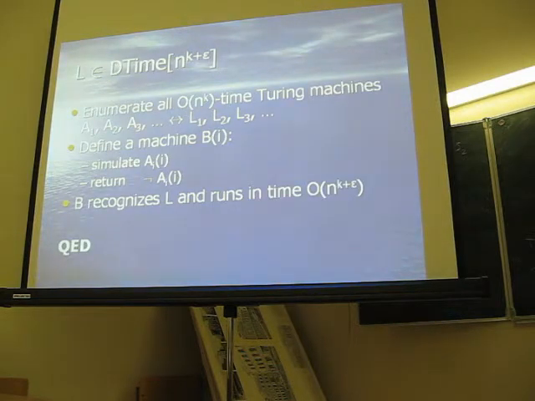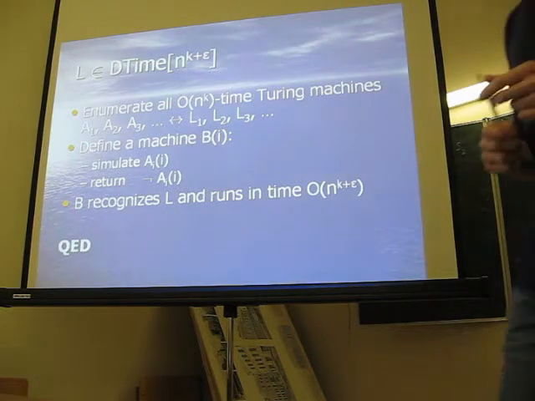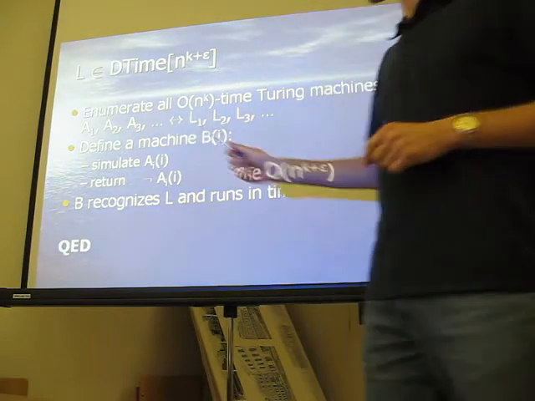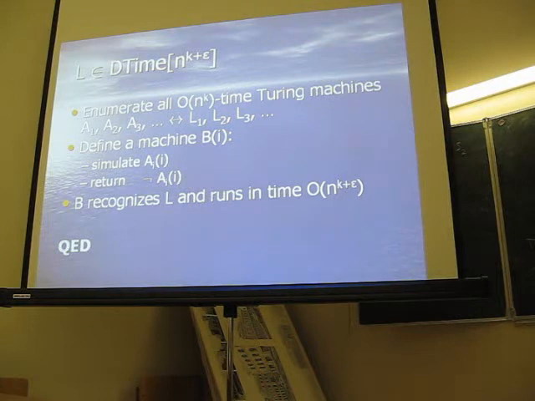Again, I believe that most people here know this proof. So just to remind you, what we do is we take a nice enumeration of languages. It's more convenient to enumerate Turing machines, and then just take the languages that are recognizable by those machines. So we enumerate all Turing machines that run in time n to the k.